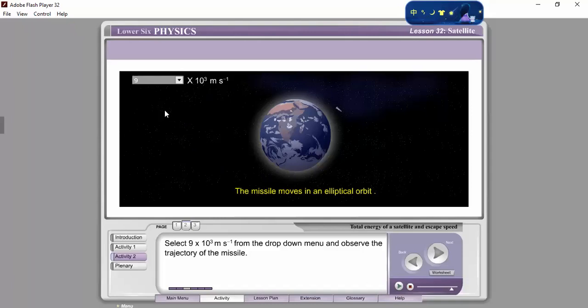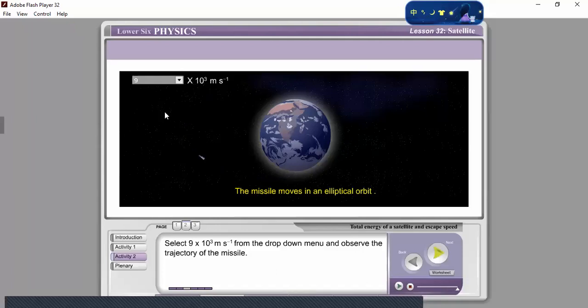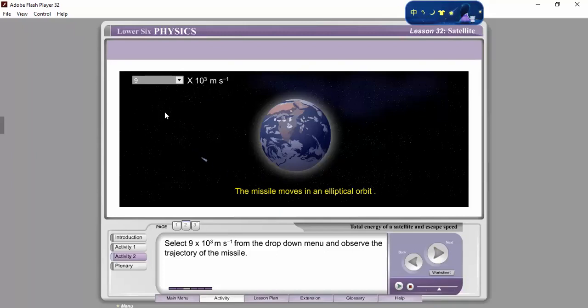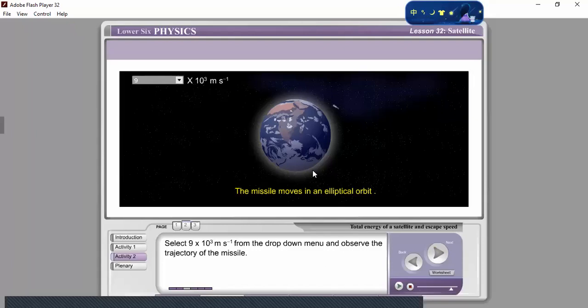The missile moves in an elliptical orbit.